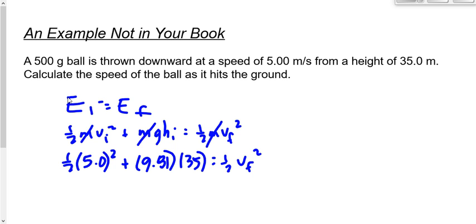Notice I'm actually subbing my numbers in before I rearrange this one. Doesn't really matter. 0.5 times 5 squared is 12.5. 9.81 times 35 is 343.35.